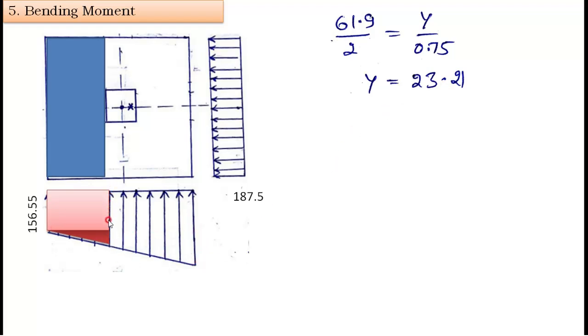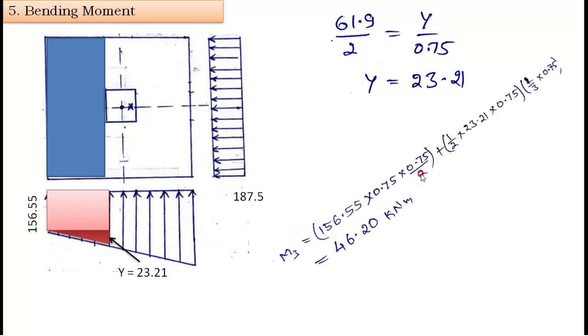Then 156.55 plus 23.21 total I will get here, and here 156.55. No need to add them because we will calculate the rectangle separately and the triangle separately. For the rectangle we have the WL square by 2 formula. For the triangle, load into perpendicular distance. Then we will get 46.20.